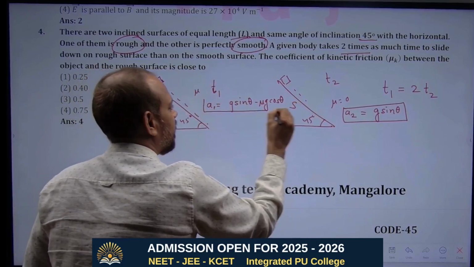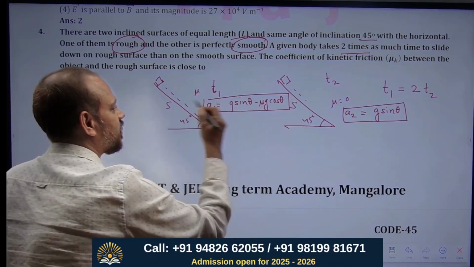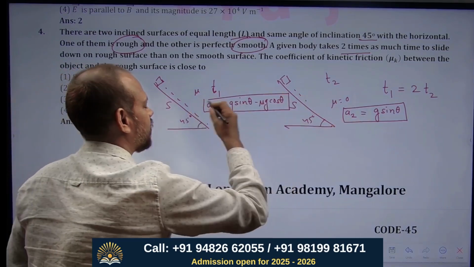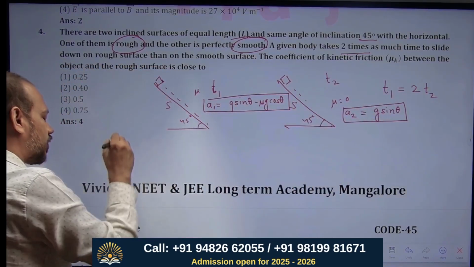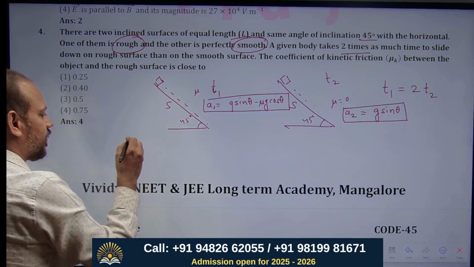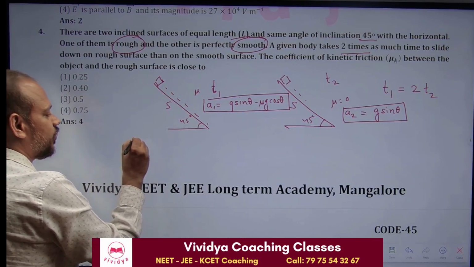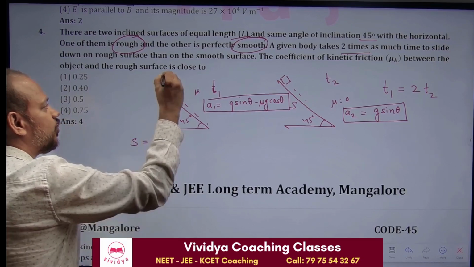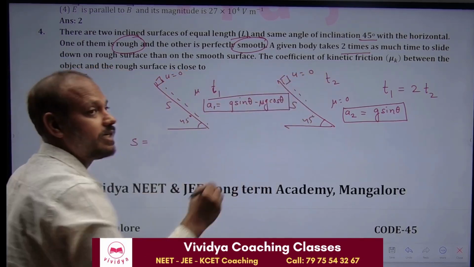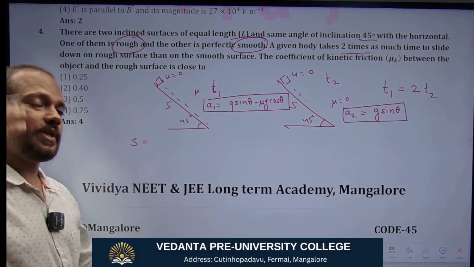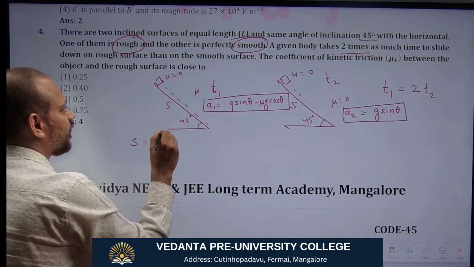Now these are the accelerations. So let us now relate the same displacement with different acceleration and different time in these two cases. Let us talk about the first case. You will write the equation S equal to ut plus half at square. U in both cases you can safely assume to be 0, considering that the object might have started from rest.